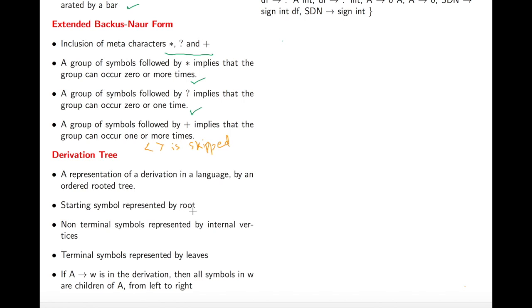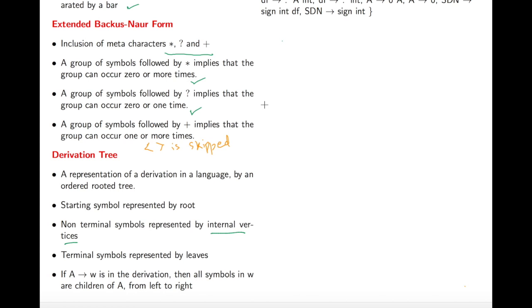The starting symbol is represented by a root, and non-terminal symbols are represented by internal vertices. Remember, internal vertices are those vertices which have children. Terminal symbols are represented by leaves. Leaves are those vertices which do not have children. And if we have a production A to W in a derivation, then all symbols in W are children of A from left to right.